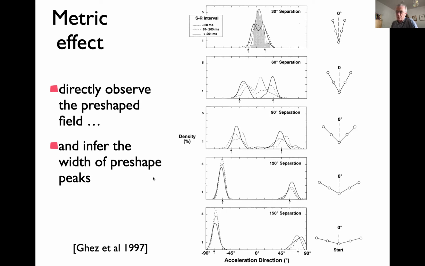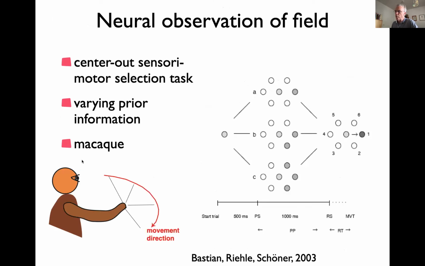And I'm showing this because you can literally see the distribution, if you interpret it from the model. And this way you can actually measure the widths of the peak. And it turns out that those match qualitatively the width of the peak that you actually see in neural recordings.